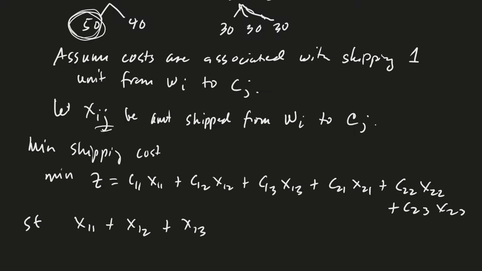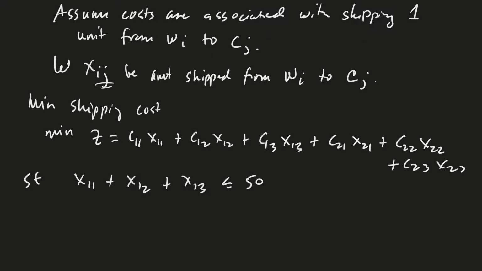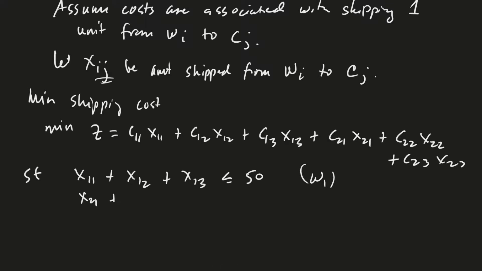That's everything shipping from warehouse 1. That should be less than or equal to 50. Similarly for warehouse 2: X21 plus X22 plus X23 should be less than or equal to 40.